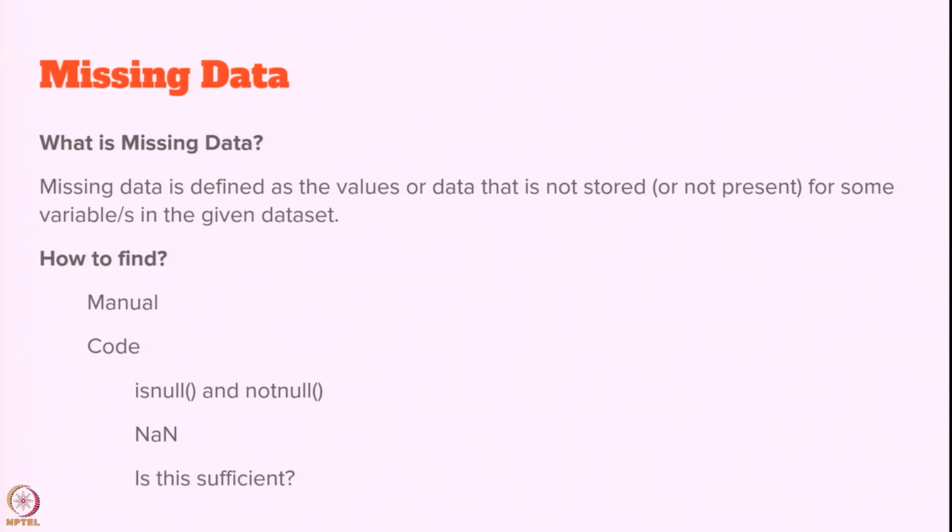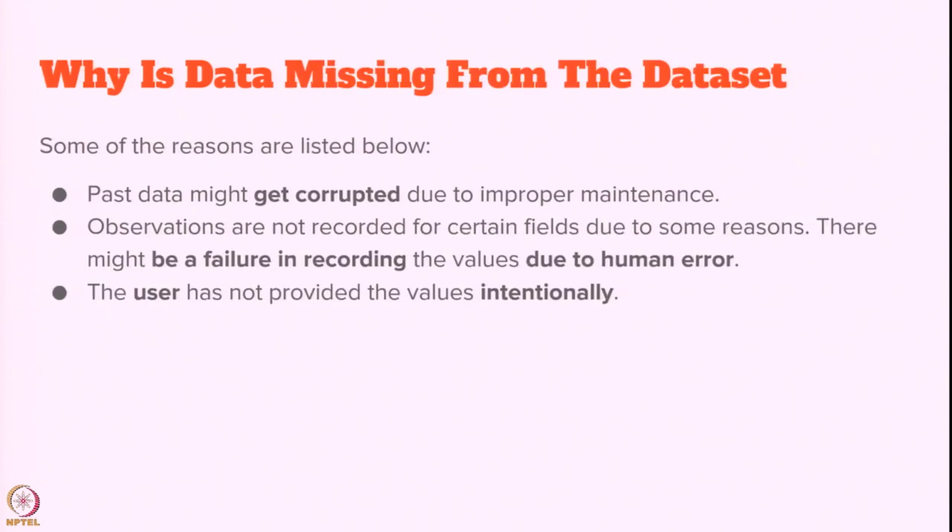There are various ways in which we address the missing data. To understand that, we need to know why this missing data will come into picture. Now, why is there missing data in a database? There are various reasons. The data may get corrupted due to improper maintenance, which comes under system error.